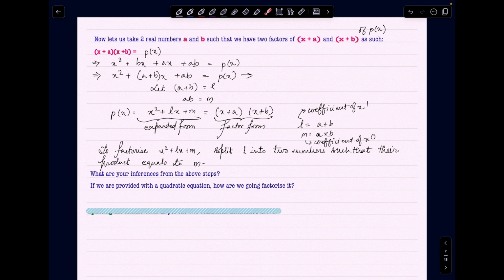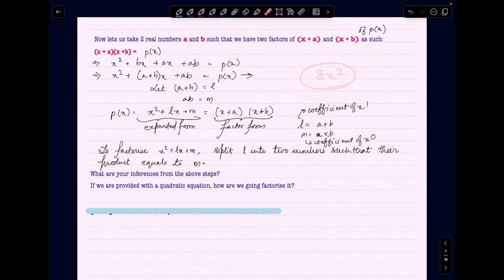See, here the coefficient of x square is 1. That is why our factors are in the form (x plus a) into (x plus b). Because the coefficient of x square is 1, there is no coefficient on the x term. If there were, suppose I write (4x plus 3) and (2x plus 5), then 4x into 2x is 8x square.